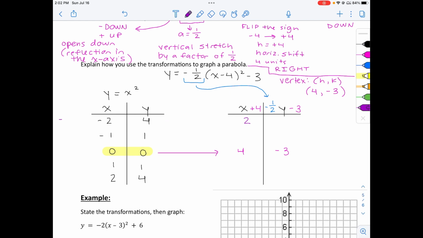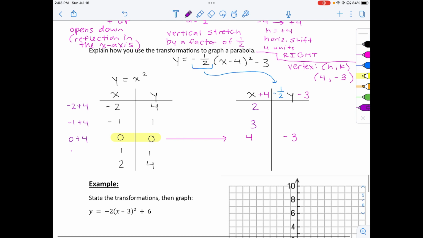Negative 1 plus 4 gives me 3. 0 plus 4 gives me 4, which I already have written there. 1 plus 4 gives me 5. And 2 plus 4 gives me 6.